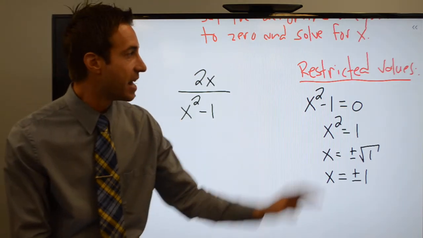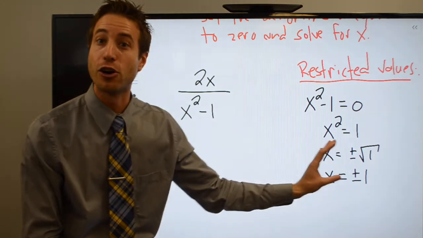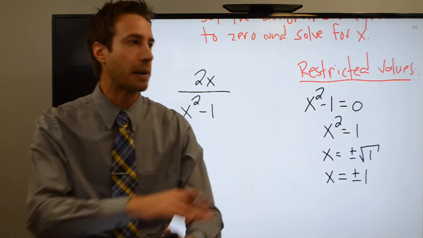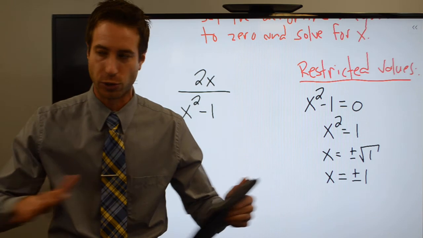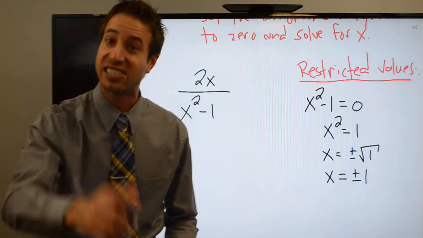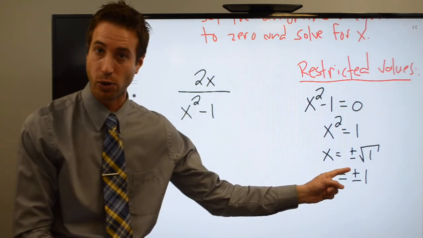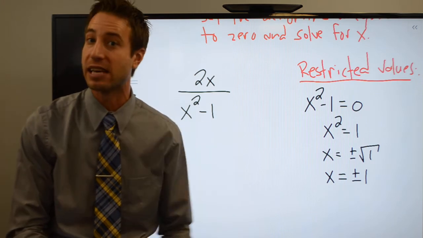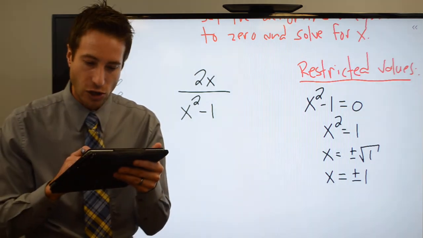So what you've done is you have found the values of x that are not allowed. This just simply means you can pick any value of x you want to. Pick anything at all, except you cannot pick plus 1 or minus 1 because those values give you division by 0, and that is not allowed.